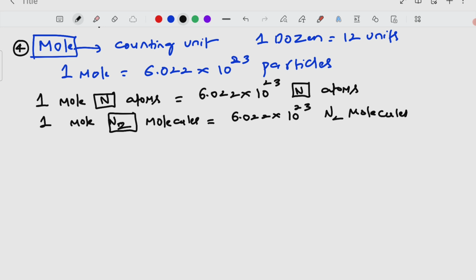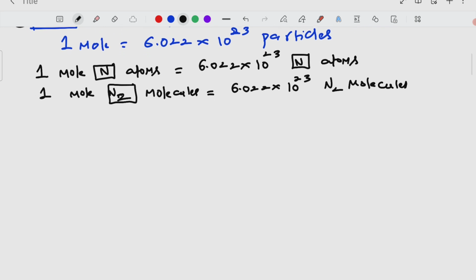So overall it is a counting unit, especially used for counting minute particles like atoms, electrons, protons, neutrons, etc. Then moving to another important term, that is AMU.